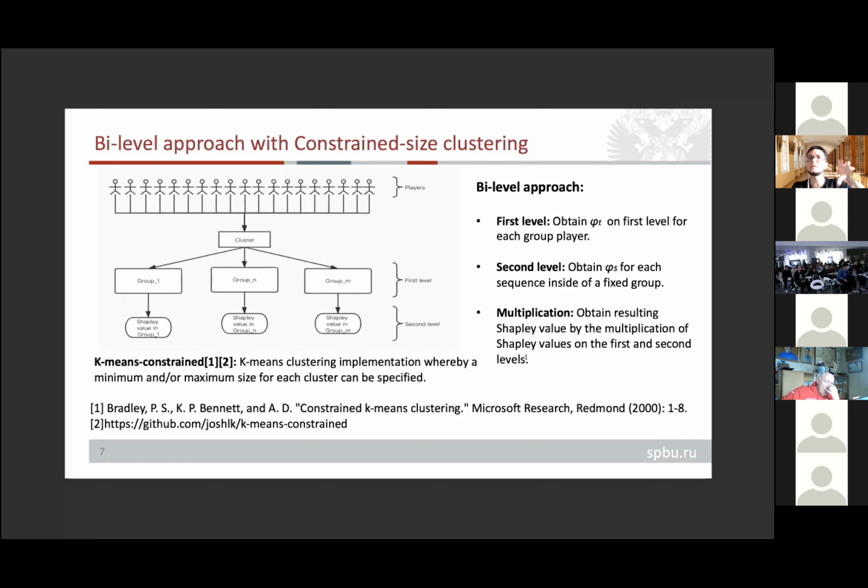Then we used constrained size clustering to divide features into several clusters so that the size of each cluster is equal. You will see that a little bit later, because we don't want imbalanced size clustering. We want balanced clusters, and we want clusters that are not connected by physical meaning.